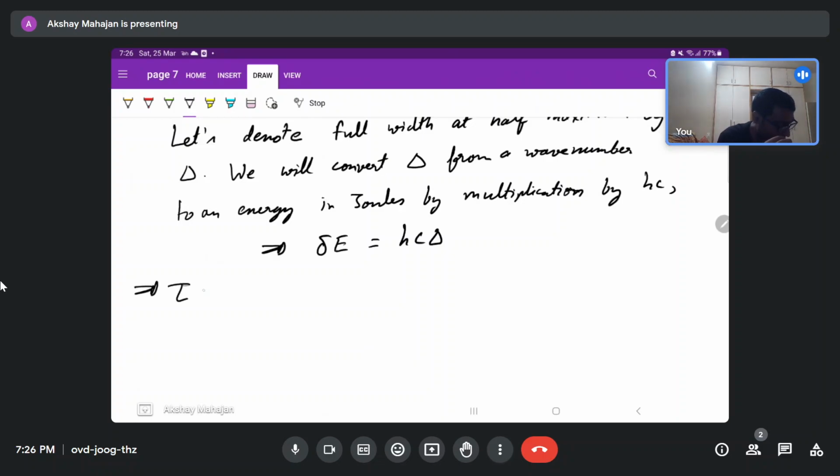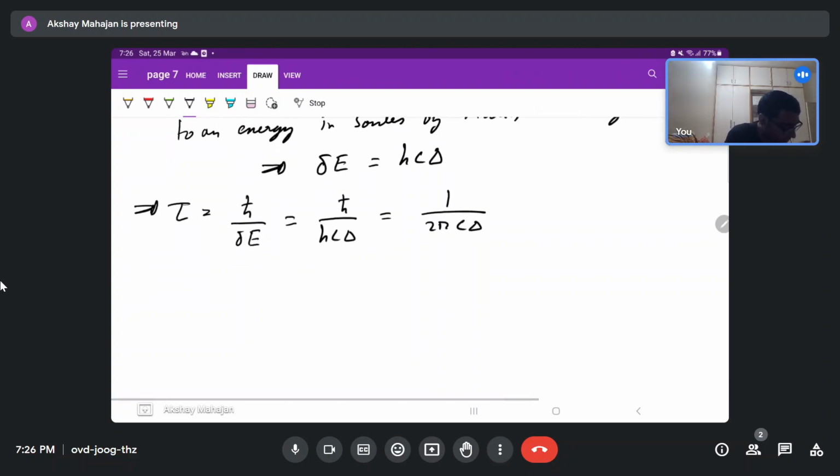From the lifetime broadening relation, the lifetime tau is given by h cross divided by del E, and del E is hc times delta. Since h cross is h upon 2 pi, this gives tau equals 1 over 2 pi c delta.